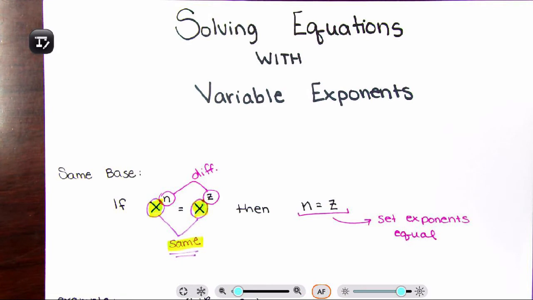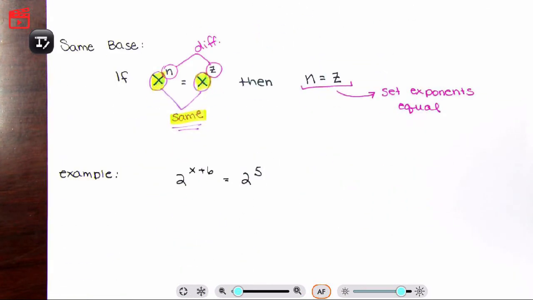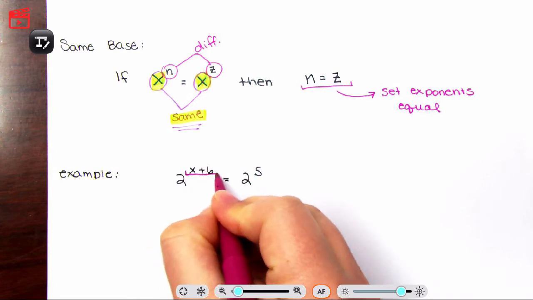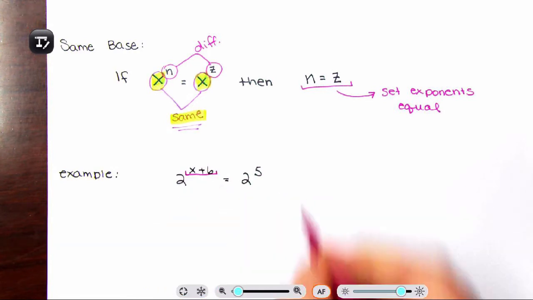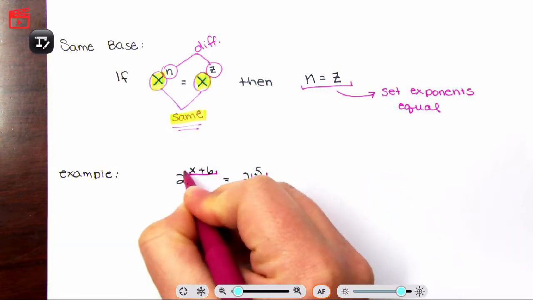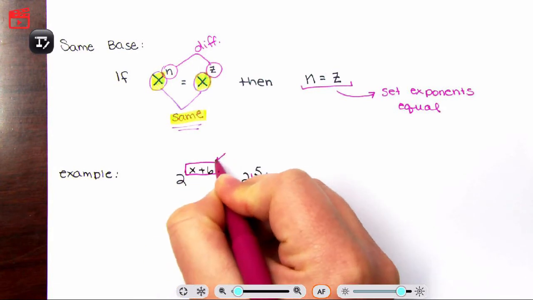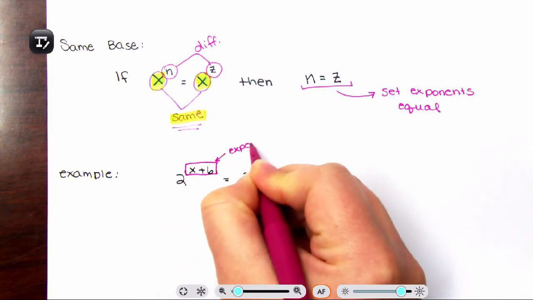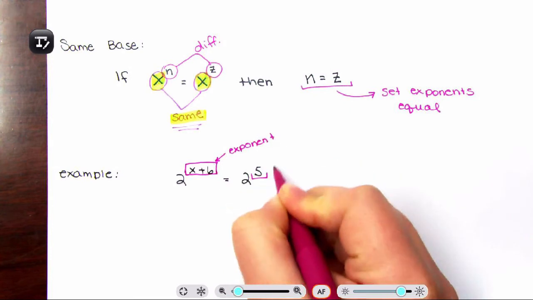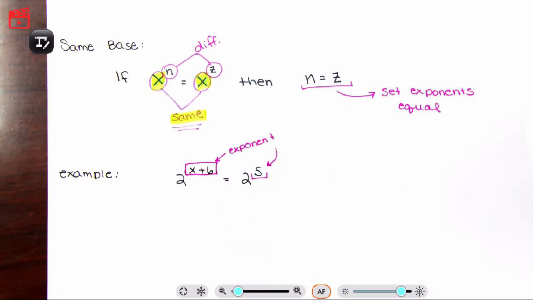Let me do an example for you. For an example, we have 2 to the power of x plus 6 is equal to 2 to the power of 5. So x plus 6, all of this is your exponent, and 5 is an exponent.